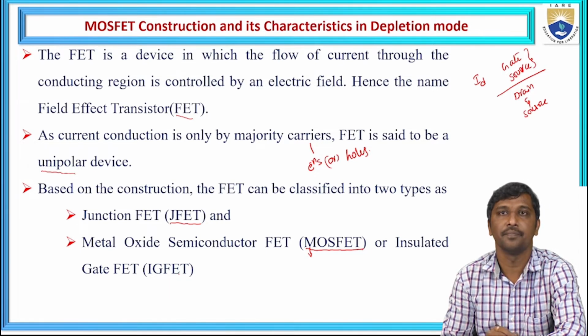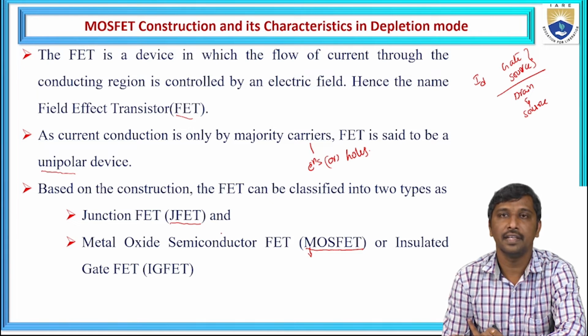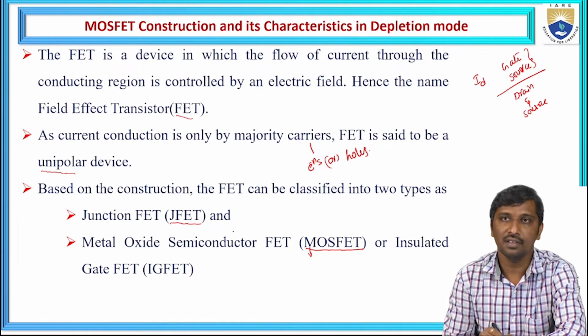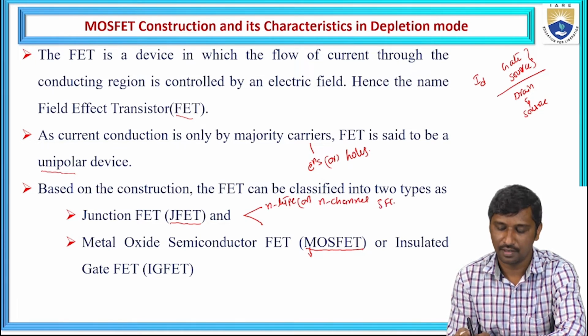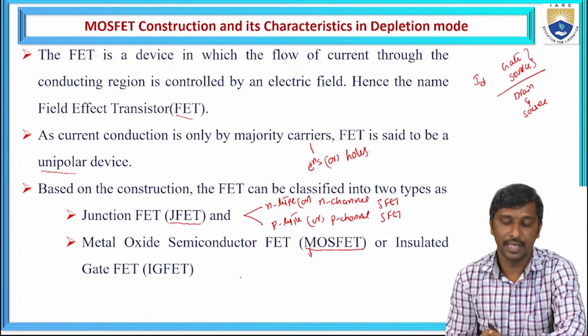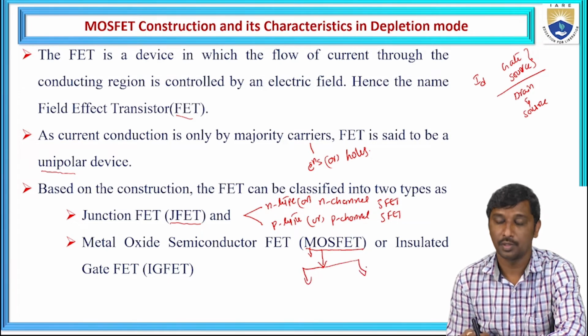field effect transistor. Either in a JFET or a MOSFET, based on the construction, it is again classified into two types. One is the N-type or N-channel JFET. Another one is the P-type or P-channel JFET. Similarly, the MOSFET is also classified into two types.